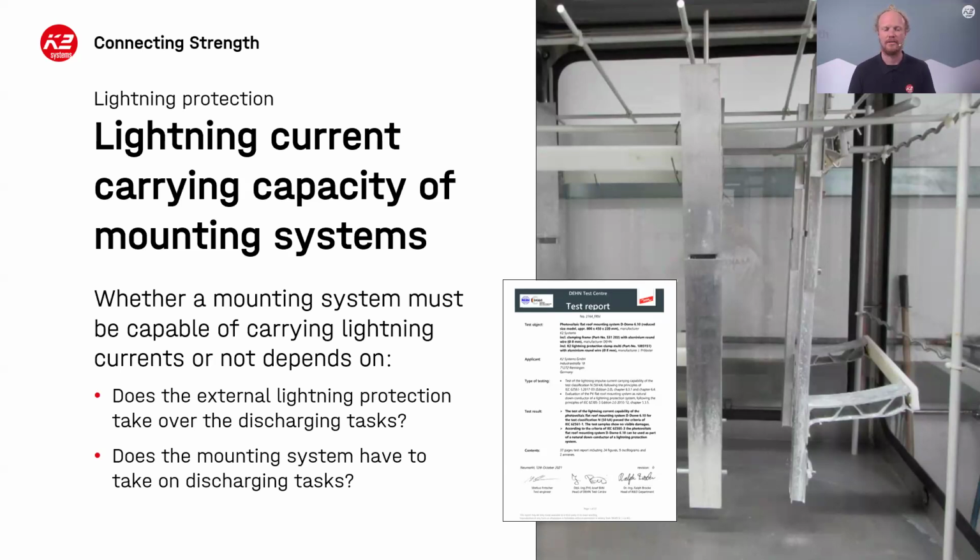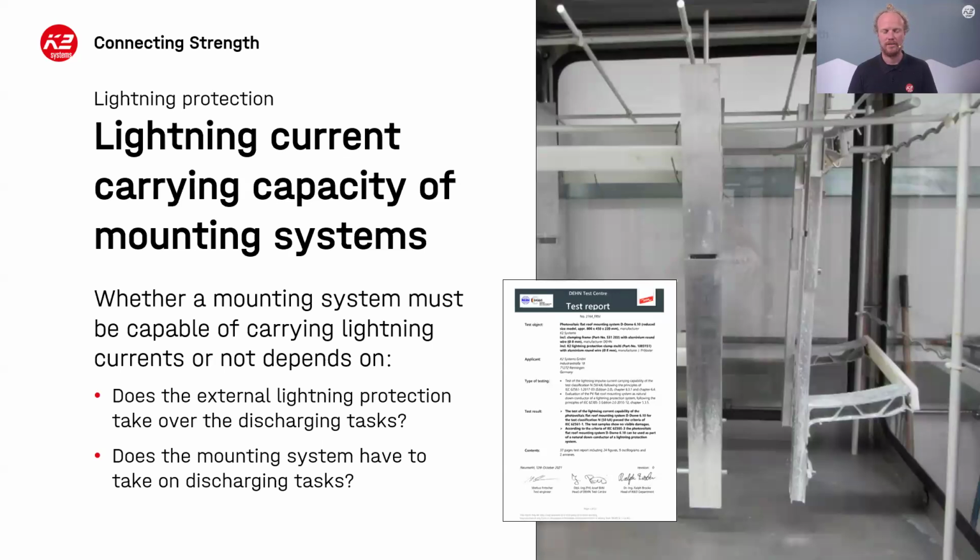However, if you have a PV system that has been designed to be integrated with the lightning protection system, and the PV system must then take that discharge, in this case, then the rails must be able to do that purpose. Right? So it depends a little bit on what the system has been designed for and how the PV system has been integrated into the lightning protection system.